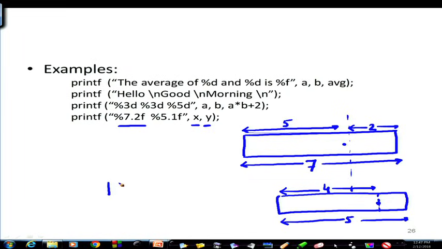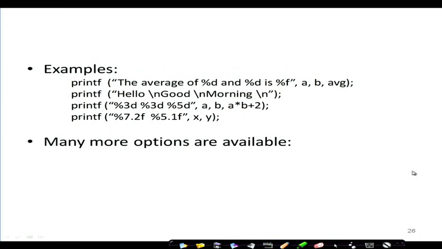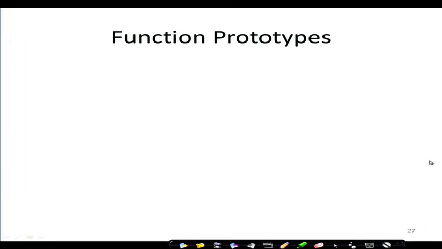So, if my result was 101.52, in this format if I print that, then I will get 0, 1, 0, 1, or this 0 may not be printed. So, 101.5, because I did not have the space for this. Okay. Many more options are available, you can read from the book and we will do this later.